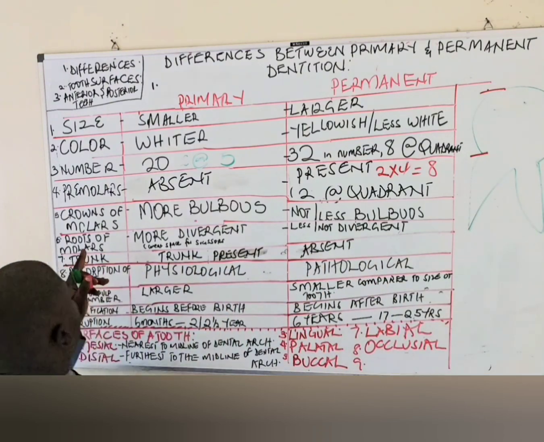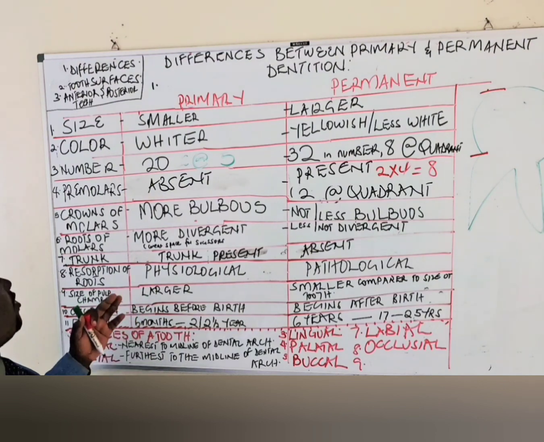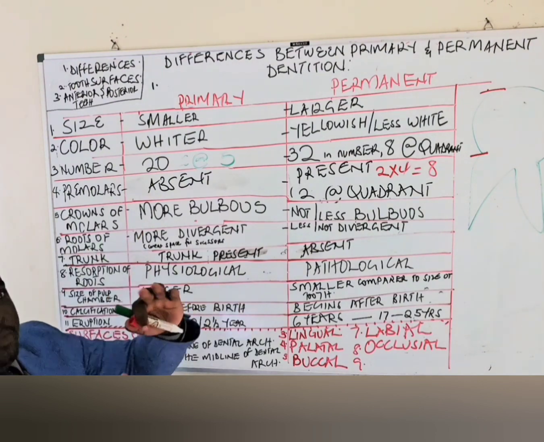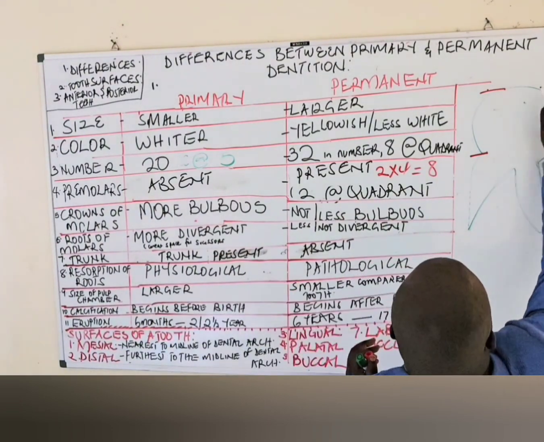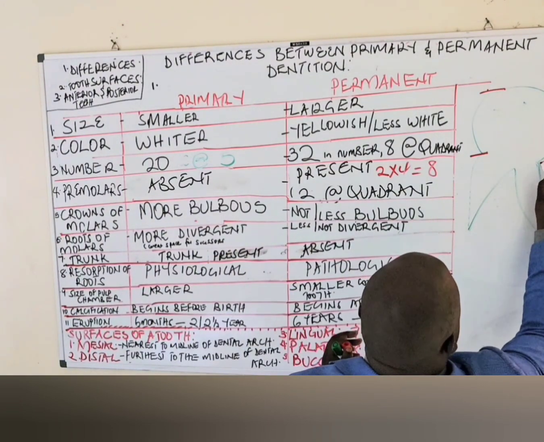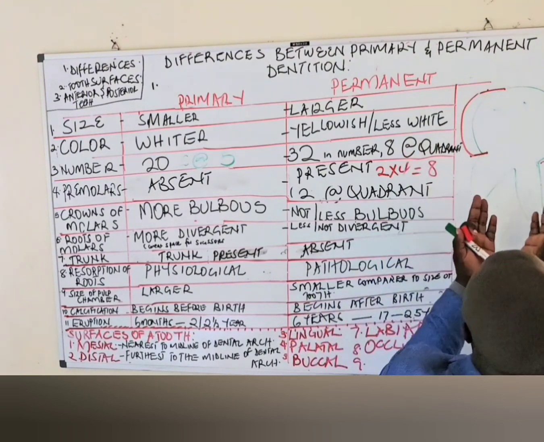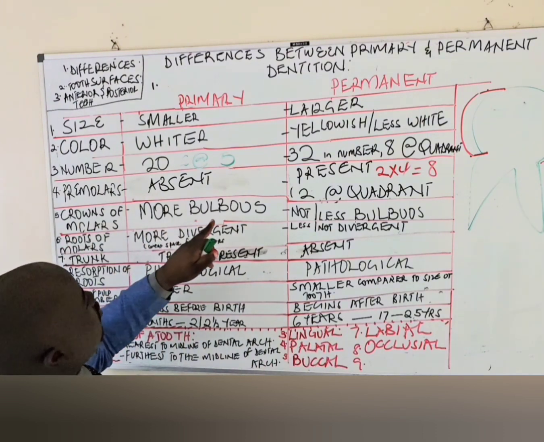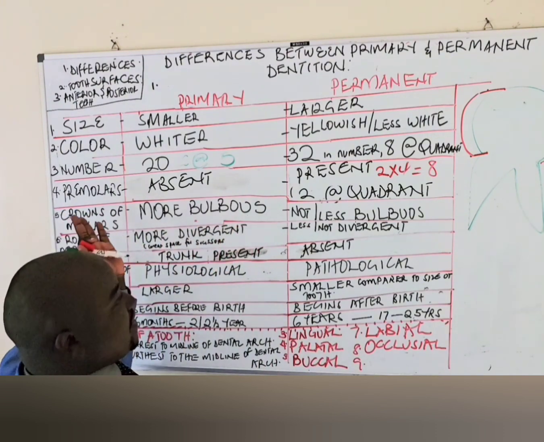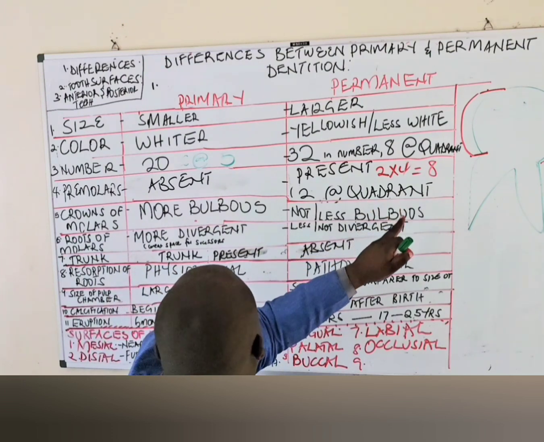So we are talking about the crown of molars, the teeth at the back. The molars are bulbous, or curvy like an onion. So for primary teeth, they are bulbous. For permanent teeth, they are less bulbous.